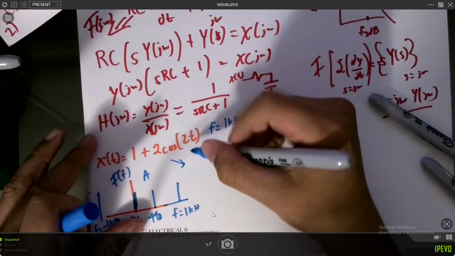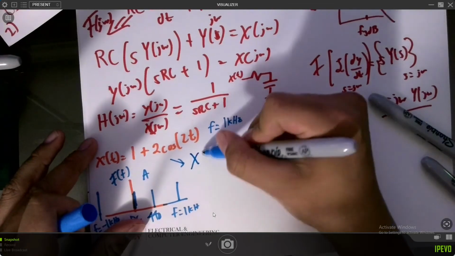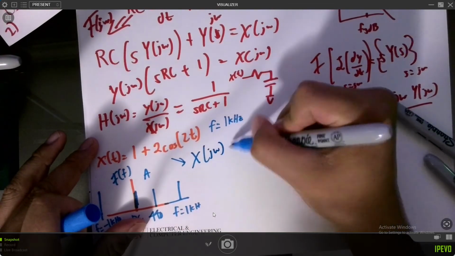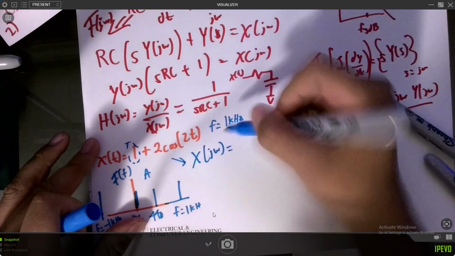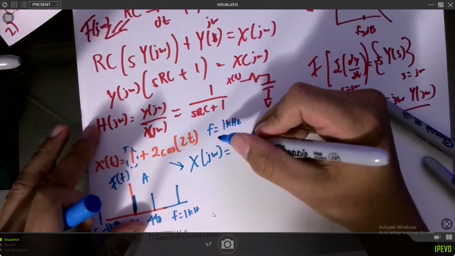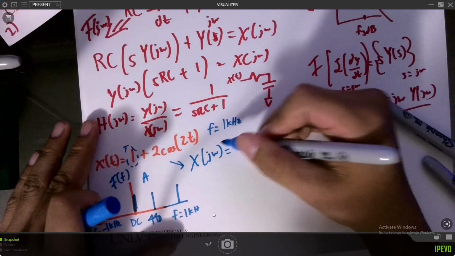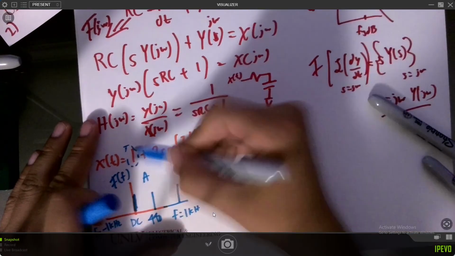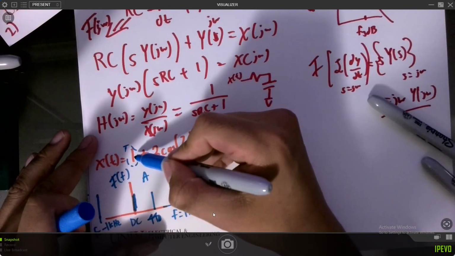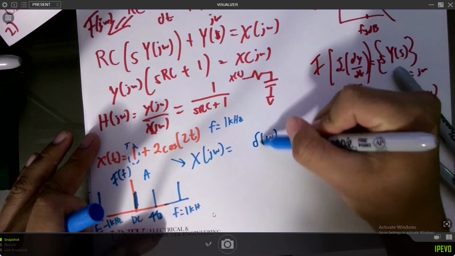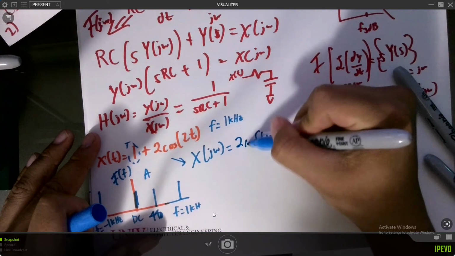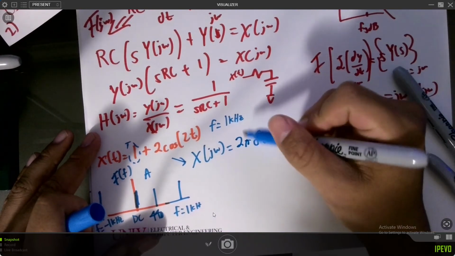So that means X of j omega has a rule. This right here is just DC. If you look at the notes, there's a theorem, and it's super long, but you have to memorize it. This is a DC term. It's literally DC, it's going to be a spec when omega is equal to 0. However, it's multiplied by some function, 2 pi.